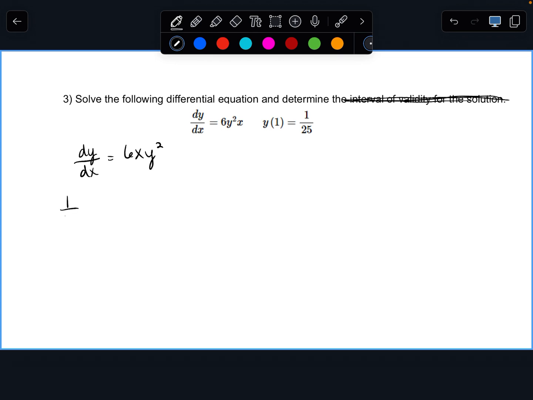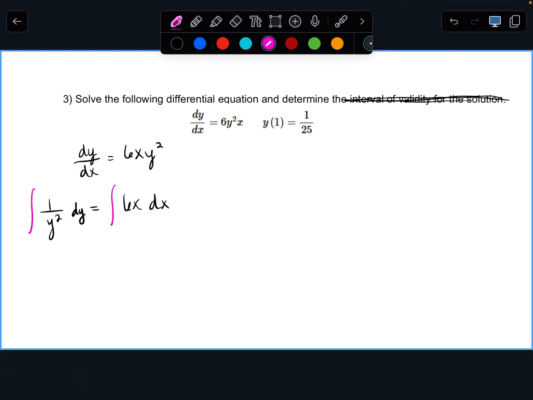And then if you separate it, is that okay if I do this? Oops, I forgot my dy. It's 1 over y squared dy, and then 6x dx. And then you're going to integrate.